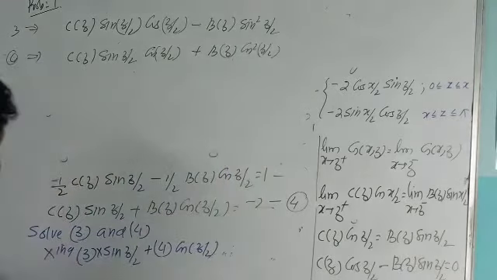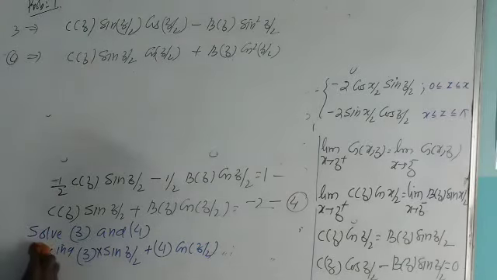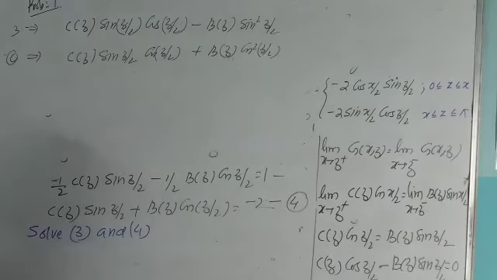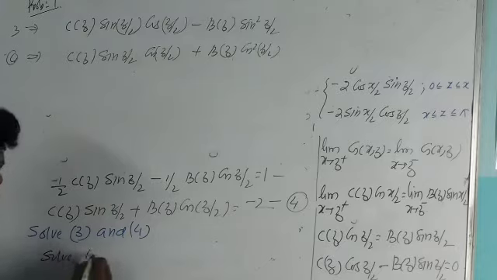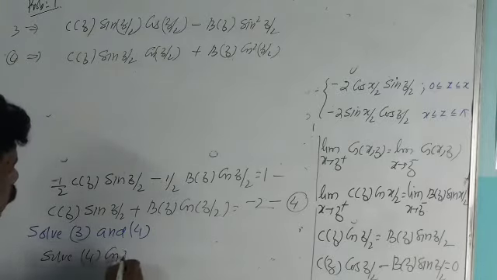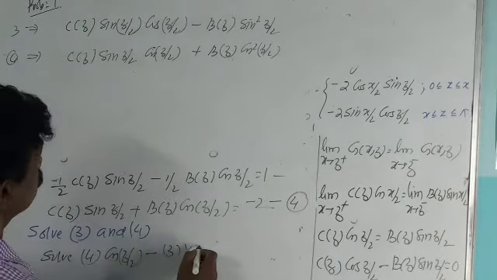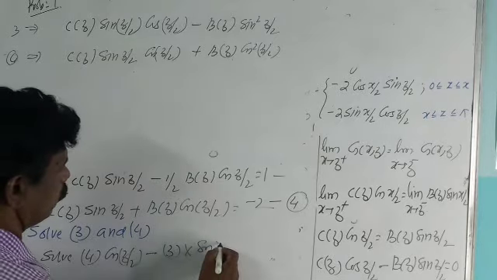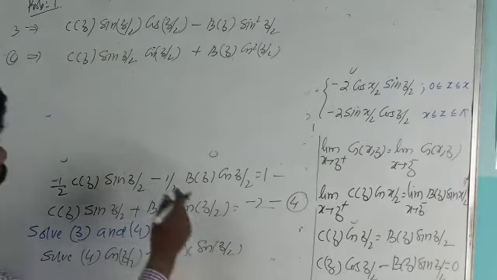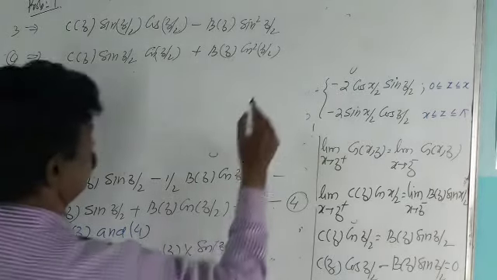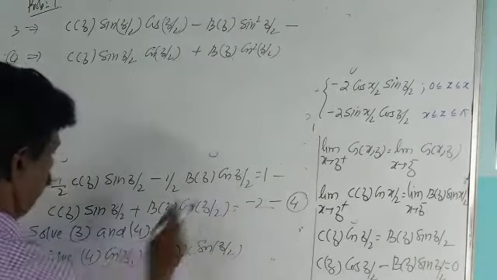Okay. Then what will we do? Equation number 4 minus equation number 3. Solve 4 by cos z by 2 minus 3 into sin z by 2.